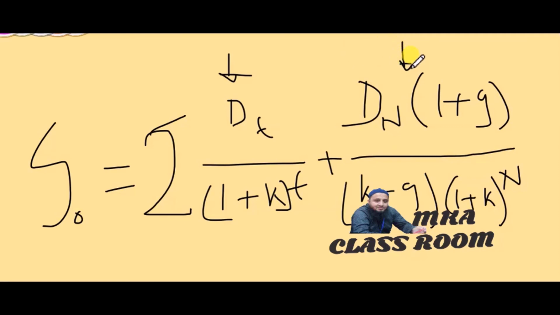These two models create our multiple model: plus Dn into (1 plus g) divided by (k minus g) into (1 plus k) power n. This is our total multiple model.